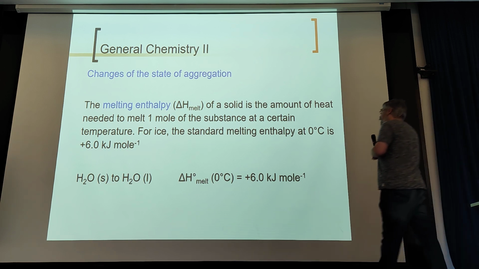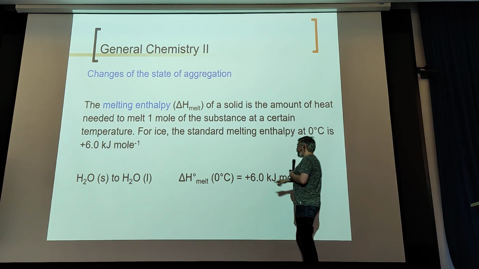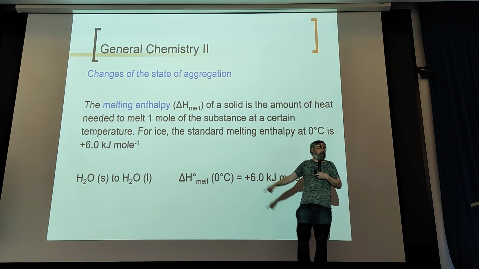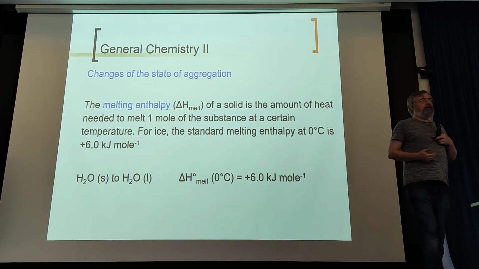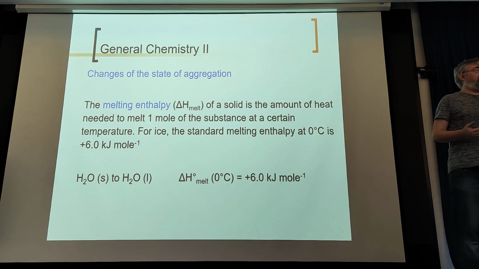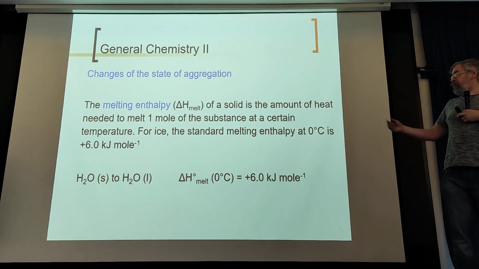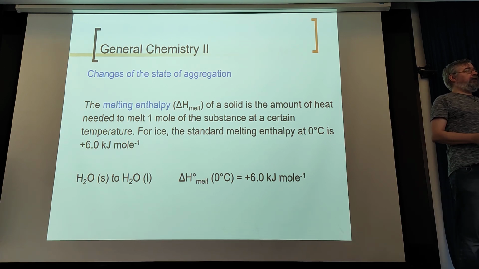This means you will have a plus sign, because you need to add energy to the system. If you have the opposite, so you start from the liquid and go to the ice, it will be a negative sign, because we invert the direction of this physical process.